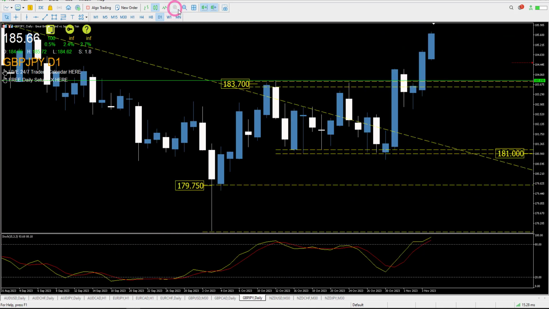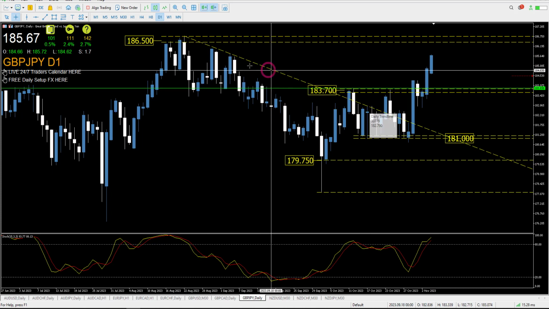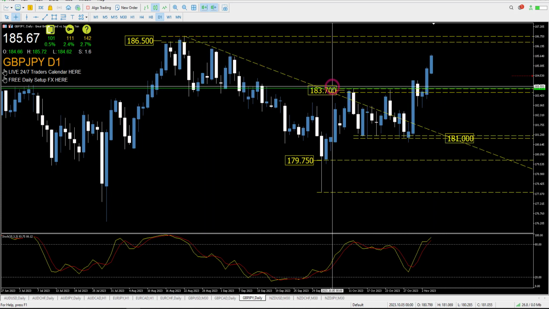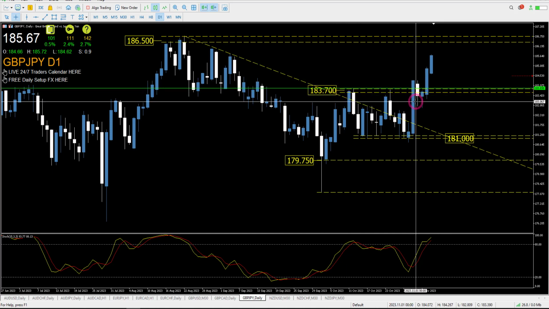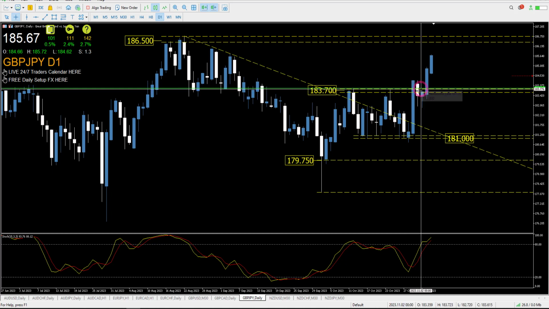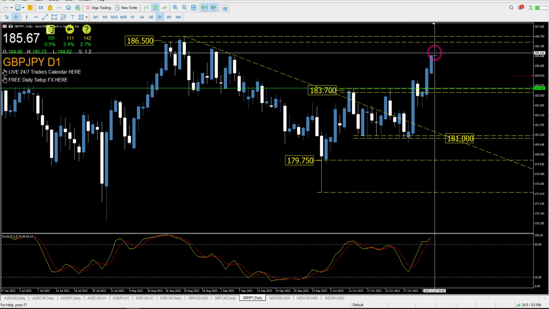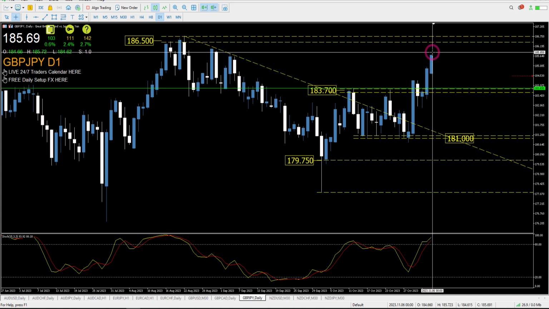If we look at the daily chart, nothing's really changed in terms of our analysis here. We identified previously that we breached this trend line resistance. We also breached this high of 183.70, and what we really wanted to see was price hold towards this area and then breach this high that we've had, and that's exactly what we've had over Friday and today so far.